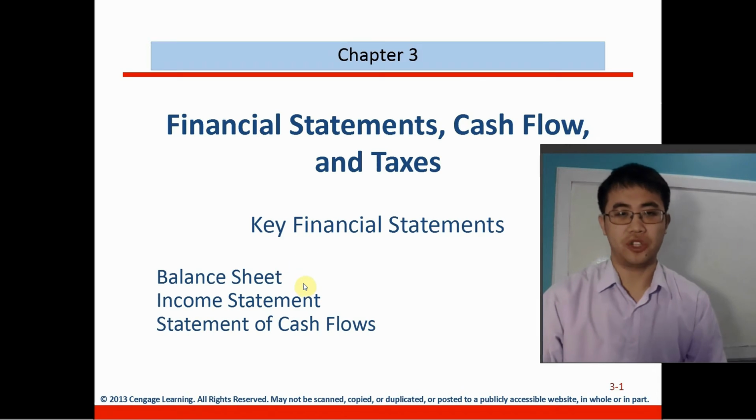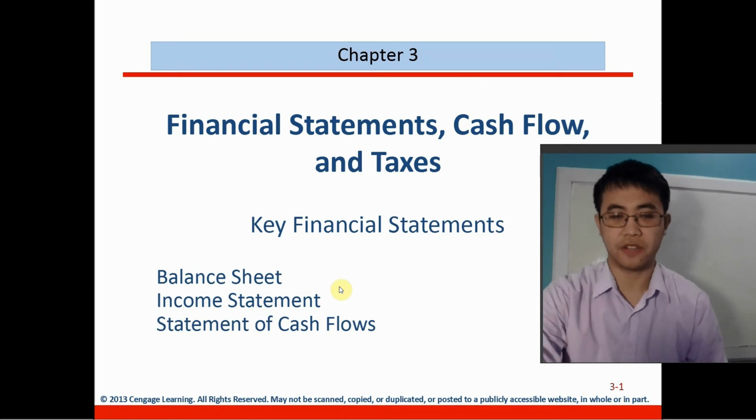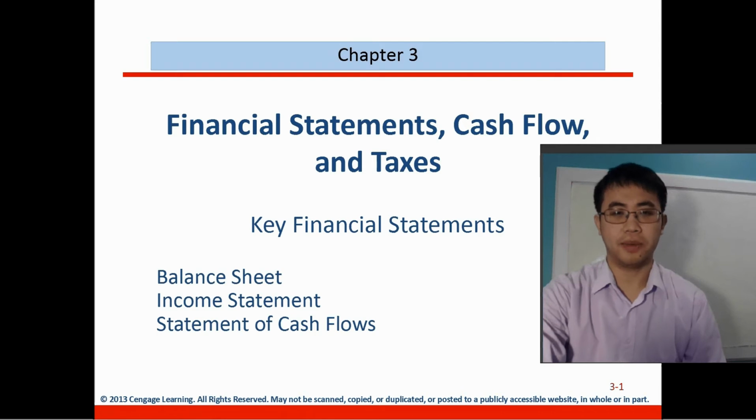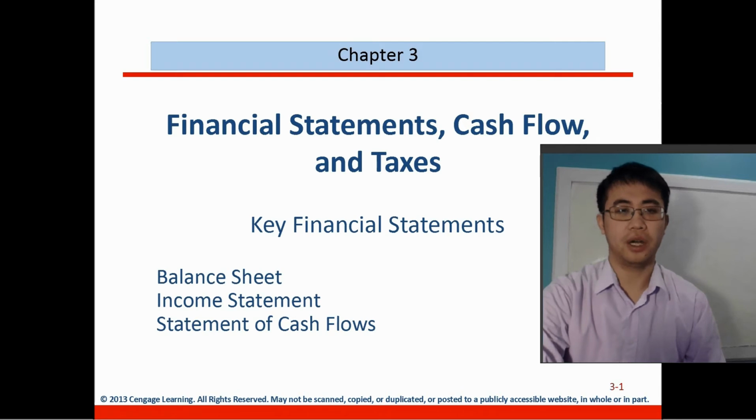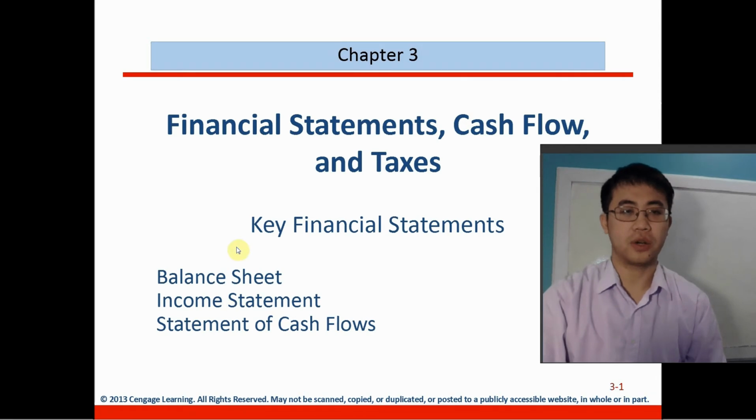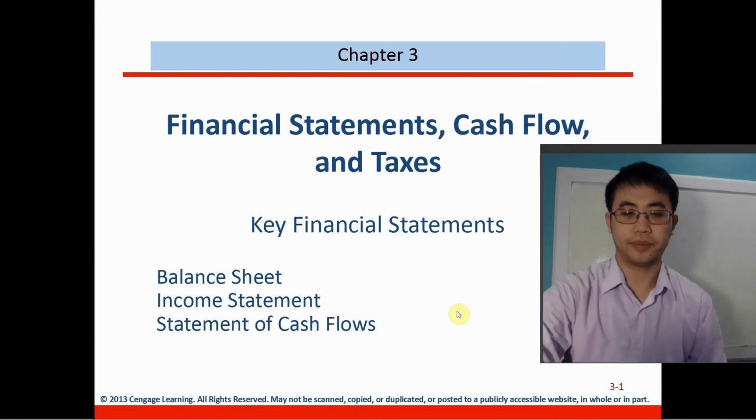These are balance sheet, income statement, and statement of cash flows. And you also have a statement of owner's equity, but for this chapter, we are not covering that. We just mainly focus on the interrelation between these three statements.